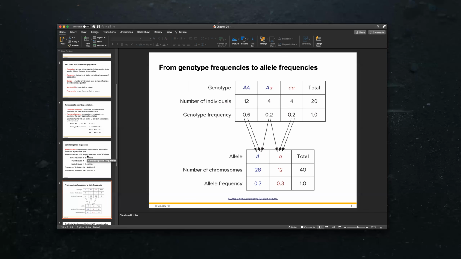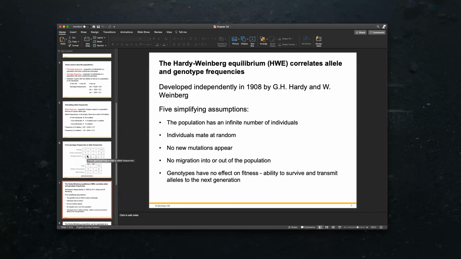Next slide. Hardy-Weinberg equilibrium. It correlates the two. And there are certain assumptions that must be true in order for you to be able to use it. There has to be an infinite number of individuals in the population.